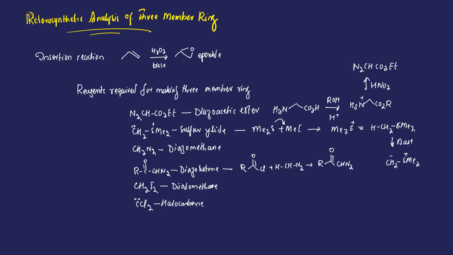And when it is subjected to either light or silver iodide catalyst, we get a methylene moiety. So these are different reagents which can be used for making a three-membered ring system.